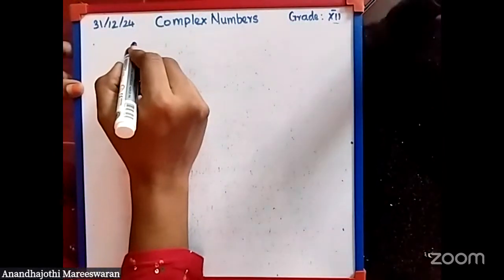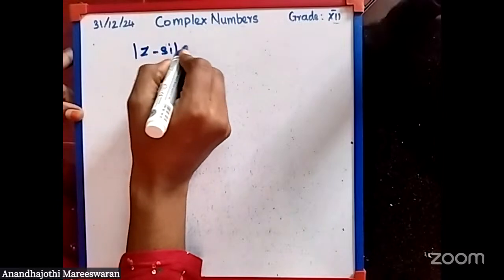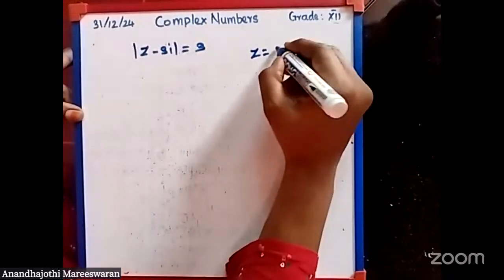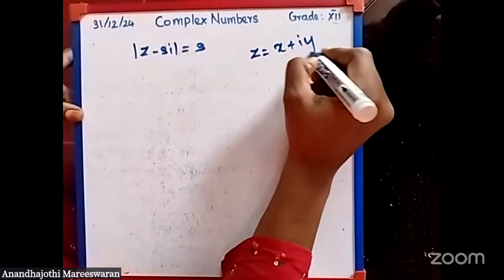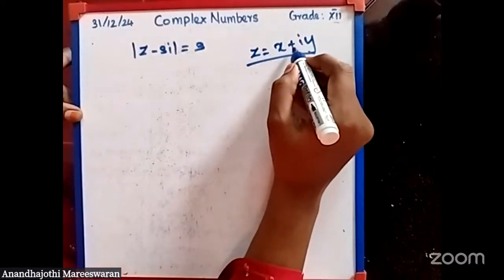From the given, we know that the modulus of z minus 3i equals 3. We take z equals x plus iy, so I am going to replace this z with x plus iy.